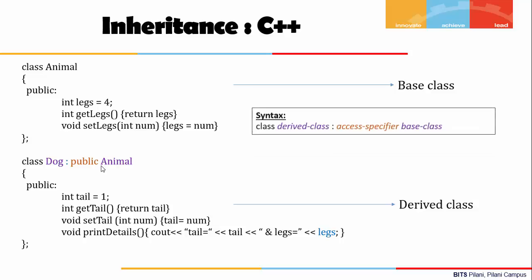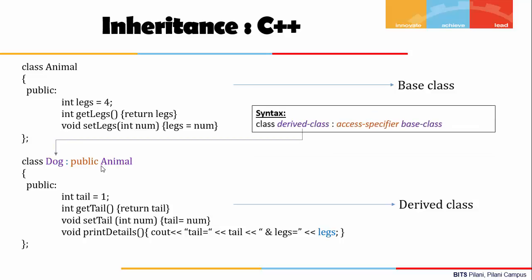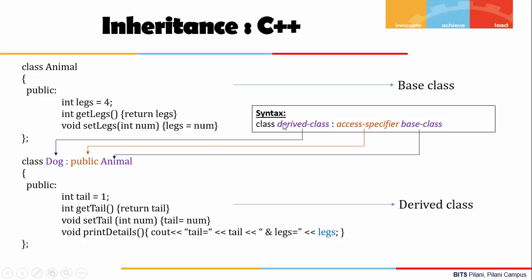To make it clear, we have the derived class dog, the base class animal, and the access specifier here is public, which means that the derived class has full access to the public members of the base class.